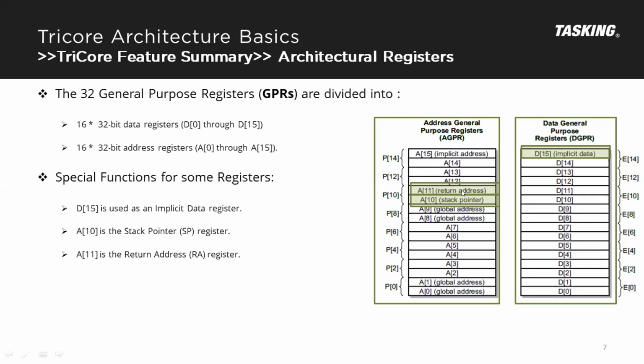For example, if I jump to a certain interrupt, I need to save the return address in order to know where to continue after the interrupt ends. A11 holds the return address in this example. And I also have A15, which works as implicit address.